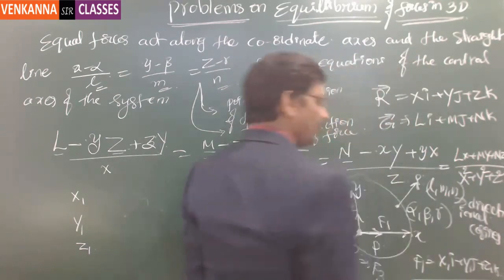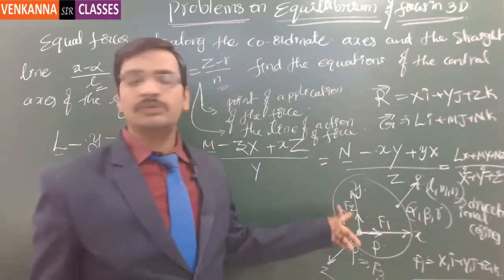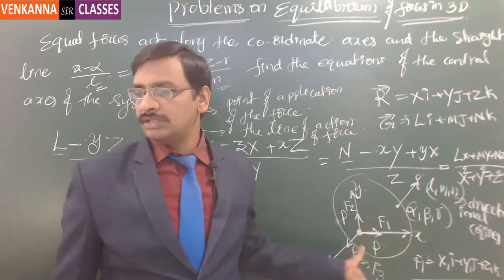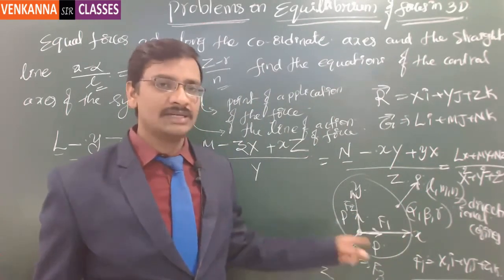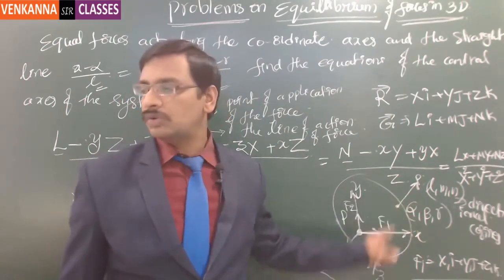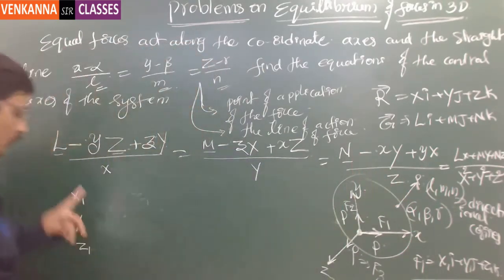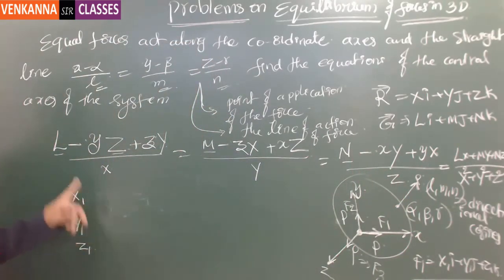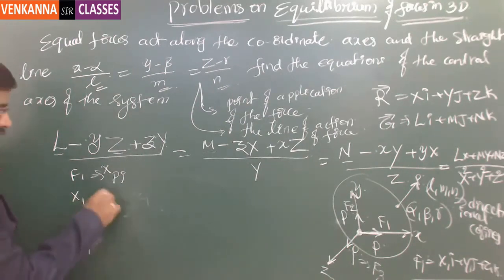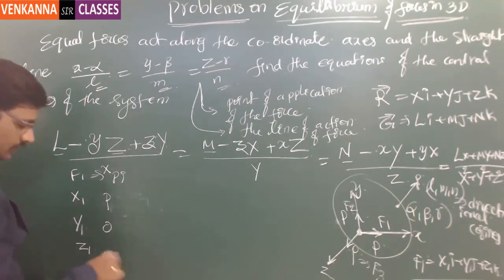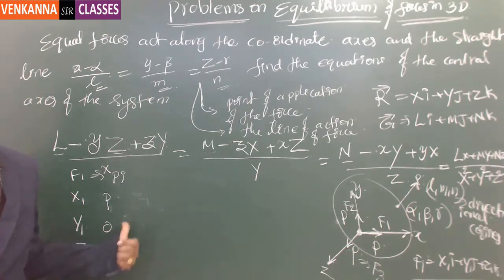And similarly F2 is equal to x2, y2, z2; F3 is equal to x3, y3, z3 and F4 is equal to x4, y4, z4. I am asking only the component of the force for F1. For F1 we have got only Pi, nothing more than that. That means the x component is P, the y component is 0 and the z component is 0. Correct? Got it or not?